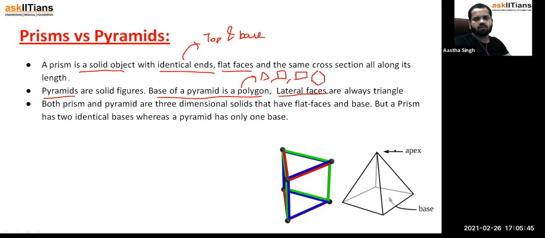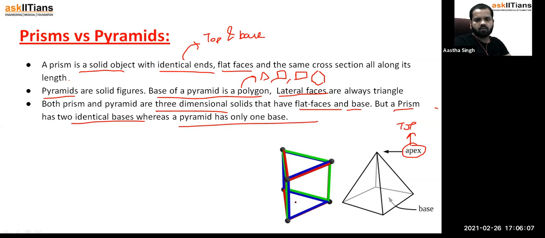Lateral faces exist because you have an apex. The apex is your topmost point, and the lateral faces are always triangles. Both prism and pyramid are three-dimensional solids that have flat faces and a base, but a prism has two identical bases. Like in the given example, this is one and this is two, both are the same.